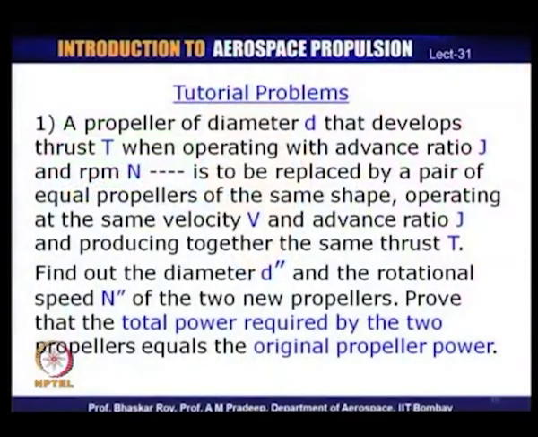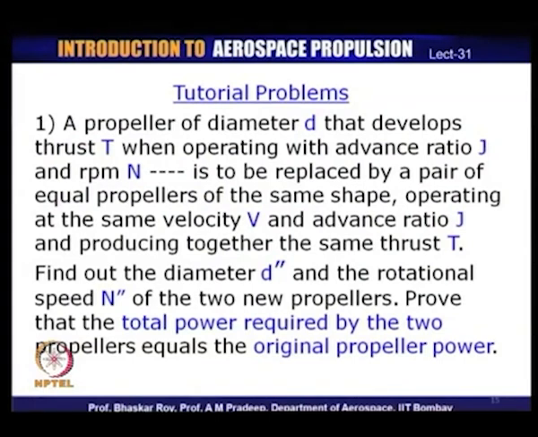So, you can check your solutions and see whether you are arriving at the correct solutions. And as I mentioned, you should not have any difficulty solving these problems using the theories that we have done in the course of these lectures. So, these are the tutorial problems that I present to you.